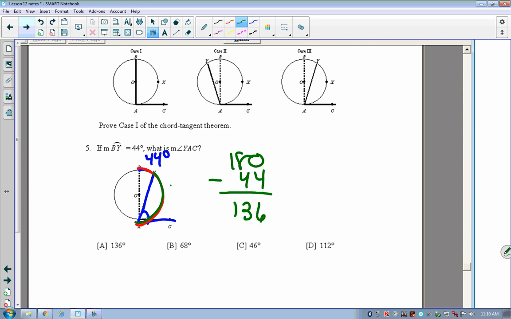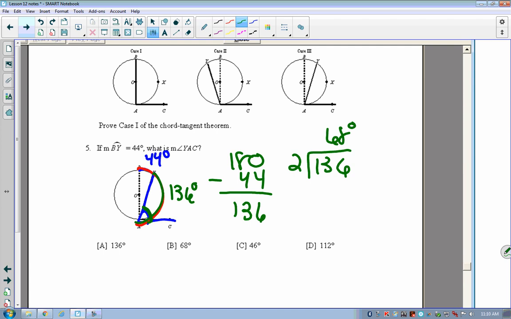So we know that this arc is 136 degrees, which means this angle is 1/2 of that arc. So what do I need to do with 136? Divide it by 2. 136 divided by 2 is 68 degrees.